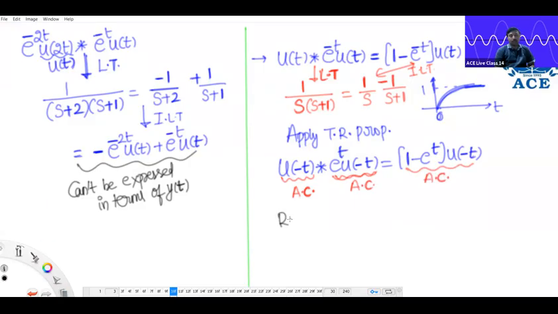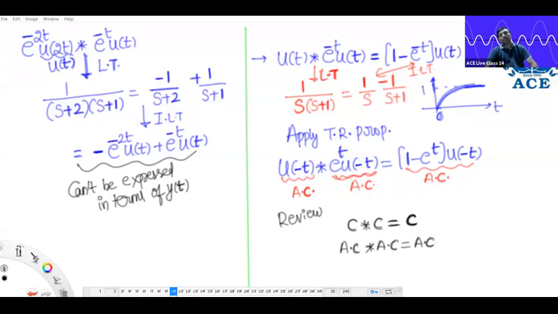What did we learn yesterday? Convolution of two causal signals is which signal? When both are causal, the resultant is what, sir? Causal. Now we observed what the convolution of two anti-causal signals is. If you convolve two anti-causal signals, what is the resultant? Anti-causal.